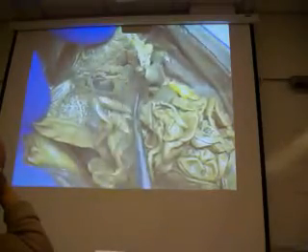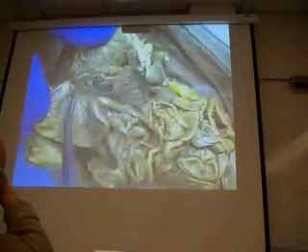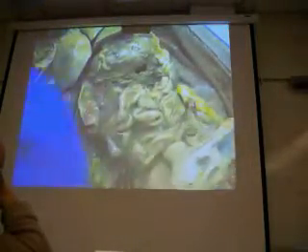This brown stuff that's all over here? That's the pancreas. Okay, so here's the pancreas. And this brings us down into the intestines. So here's the small intestines. You can see.